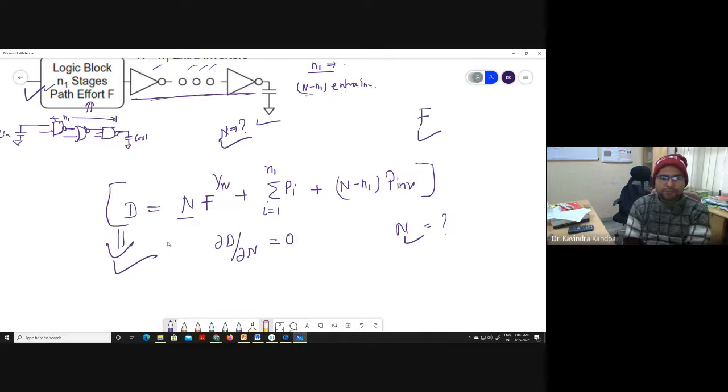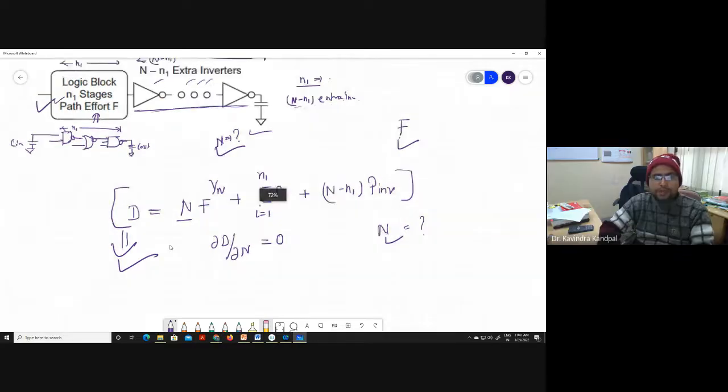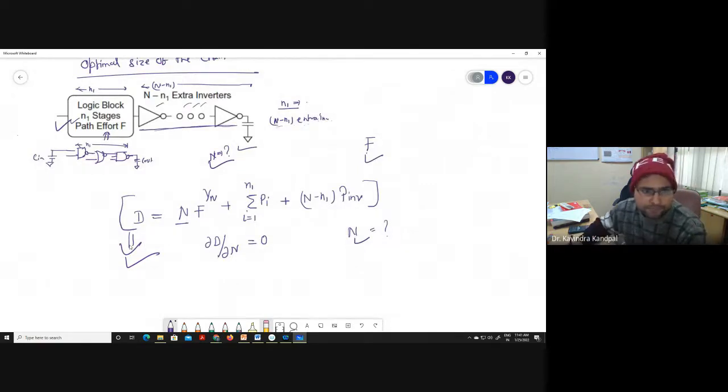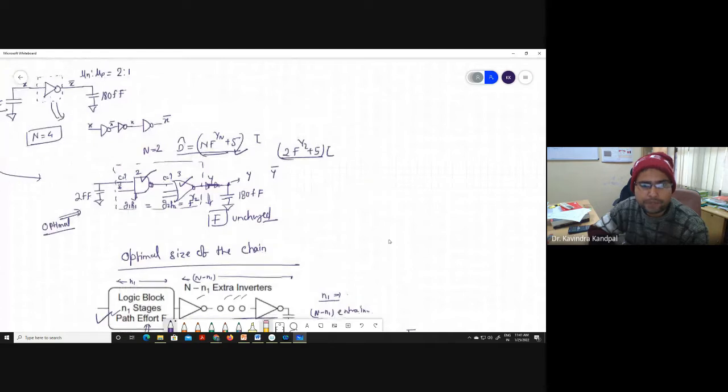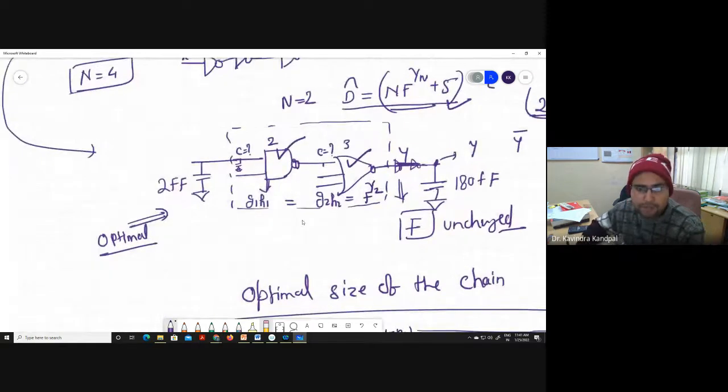So why are we doing this? See, I know that if there are N1 stages, I am again coming back to the example I showed you, right? If I say my circuit is having only two stages, directly then 180 femtofarad load and 2 femtofarad. I can optimize it. How am I going to optimize it?